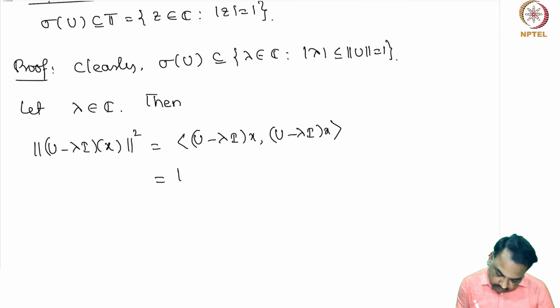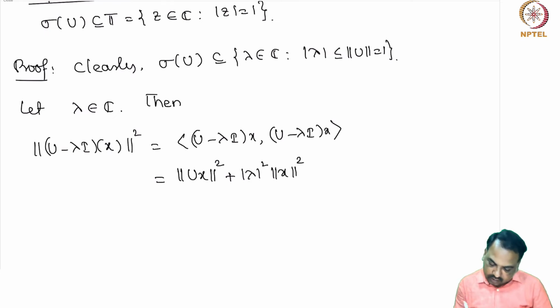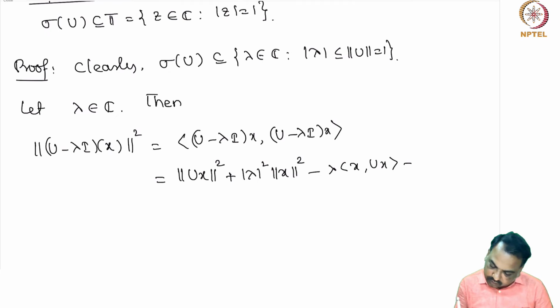So this is nothing but norm Ux square, and the last term will be mod lambda square norm x square, and this is lambda inner product x, Ux, and one more term is lambda bar inner product Ux with x.